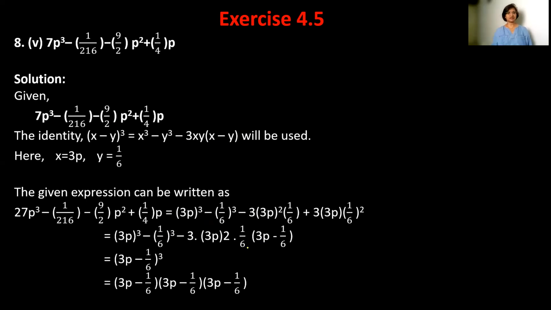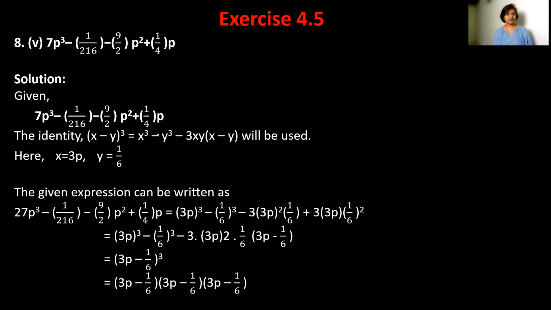Now part fifth, question number 8, section 5. We are solving 27p cube minus 1 by 216 minus 9 by 2p square plus 1 by 4p.